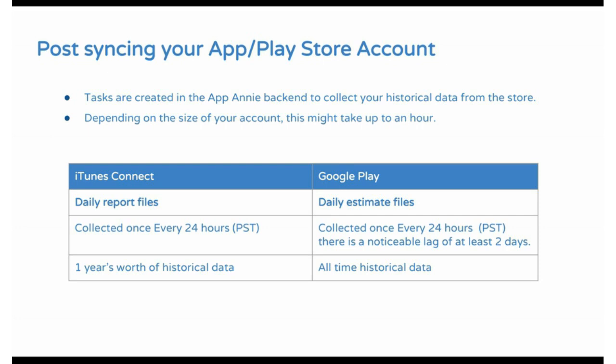Meaning, the minute you connect to App Annie, we will only be able to collect 1 year's worth of historical data, making it all the more important to connect to App Annie as soon as possible so that you start accumulating your historical data and keep it for as long as you want.